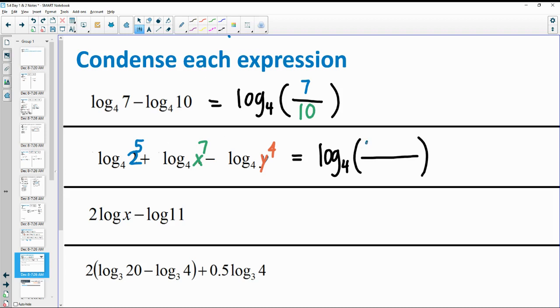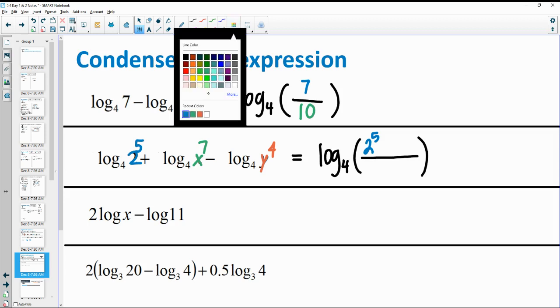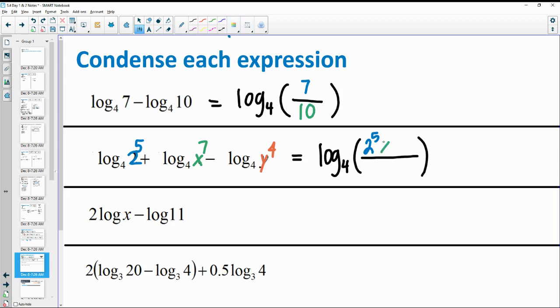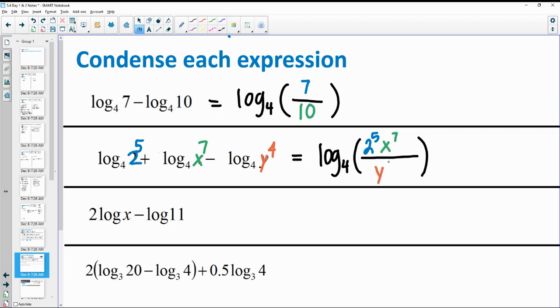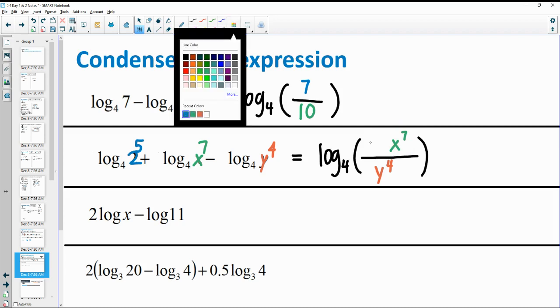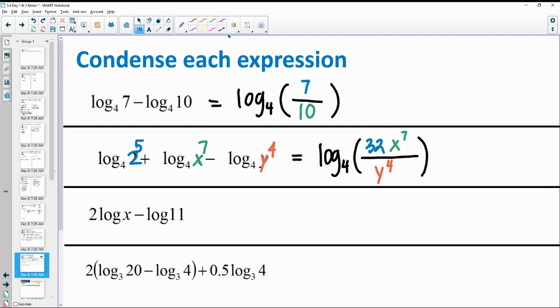So this 2 to the 5th is going to be on top, and then the x to the 7th is going to be on top. And then on the bottom, we're going to have this y to the 4th because that one was subtracted, meaning that it's divided. So y to the 4th on bottom. And then really we should probably multiply this out to 32, since that's 2 to the 5th power.